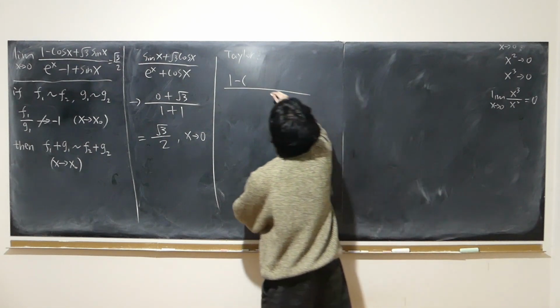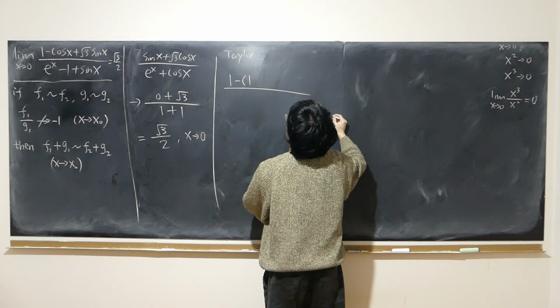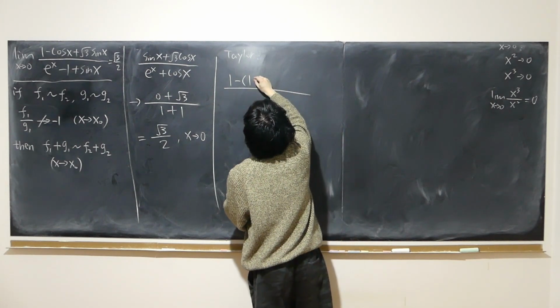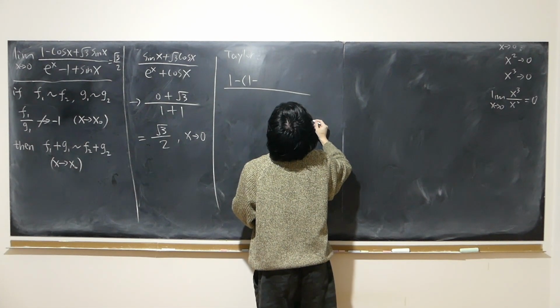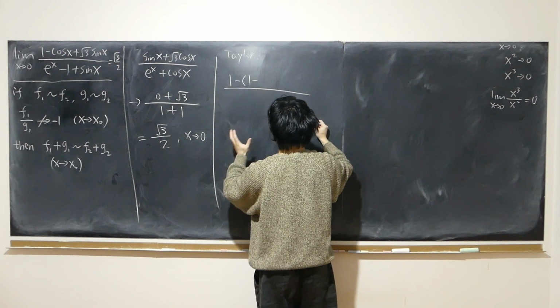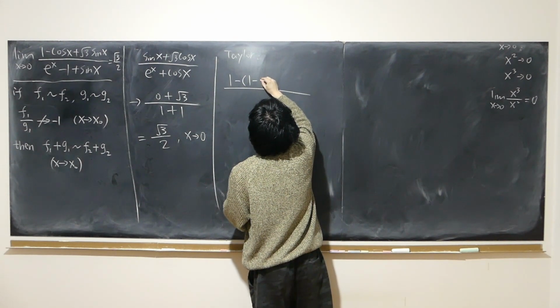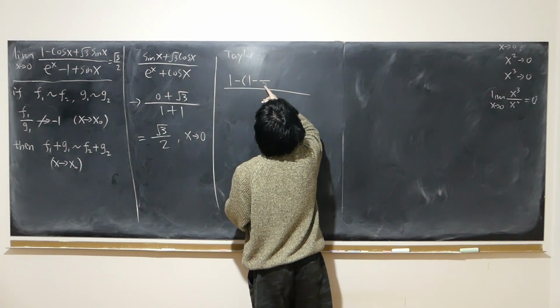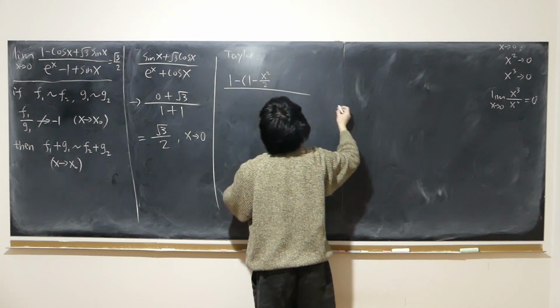I think it's 1. First term positive, next is negative. There's no odd power, just even powers of x, so we have minus x squared over 2 factorial.